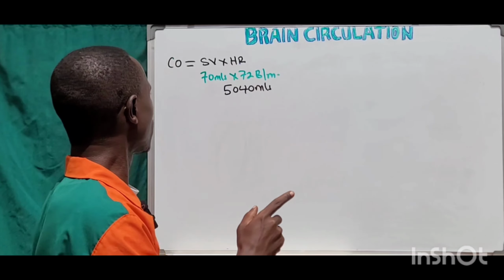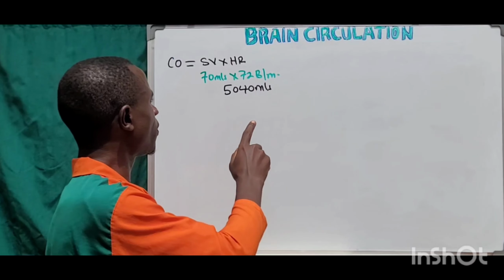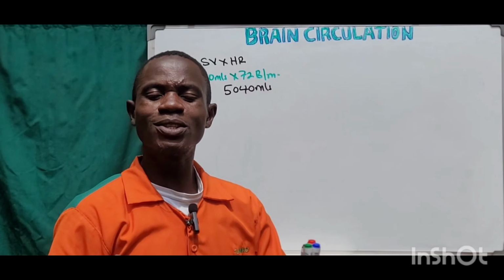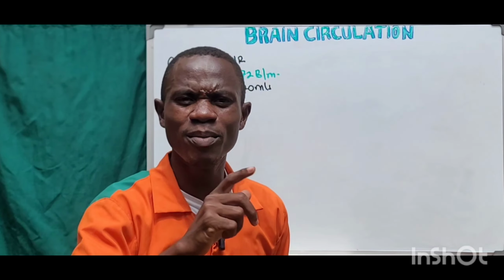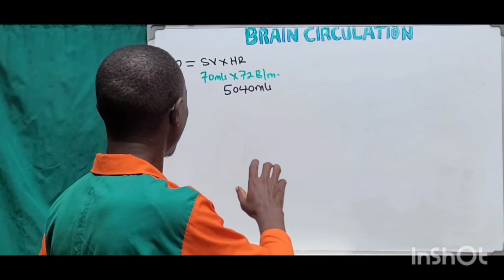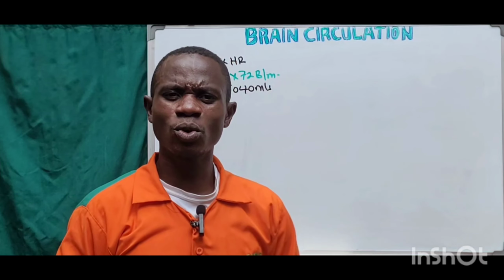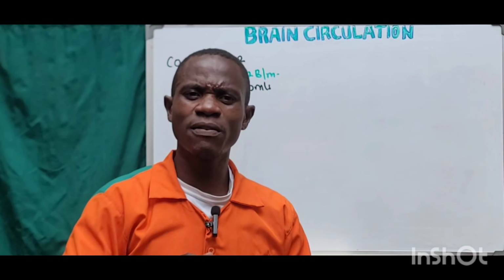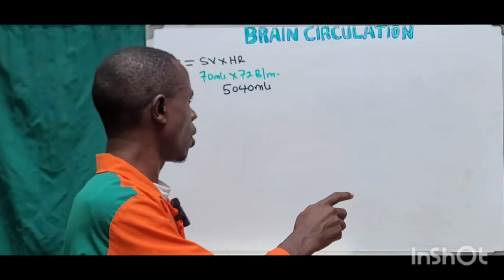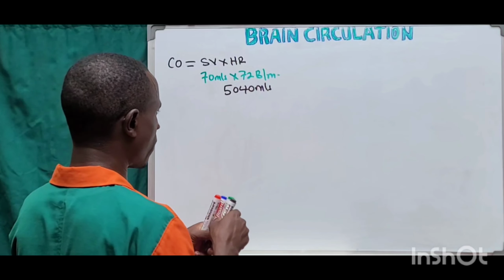Now the question is, out of these 5,040 milliliters, how much goes to the brain every minute that passes? It is generally close to around 15% of the total cardiac output. So what is 15% of 5,040 milliliters?